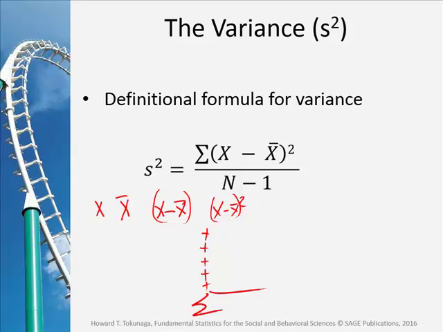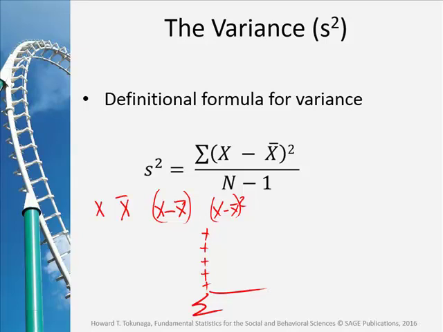Now what happens by making the denominator smaller? What does that end up doing to our number? Makes the number bigger. So we're reporting a number that has more variance than maybe actually exists.